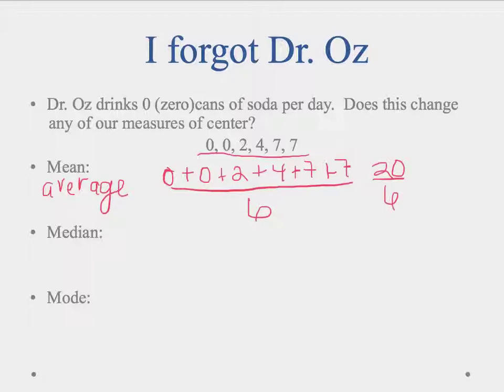Well, that doesn't come out very nicely. If we reduce this down, I know that I can take 18 divided by 6 and get 3. So I'd have 3 and 2/6, or 3 and 1/3. Okay, 3 1/3 cans of soda.